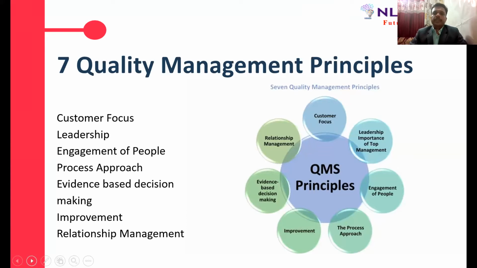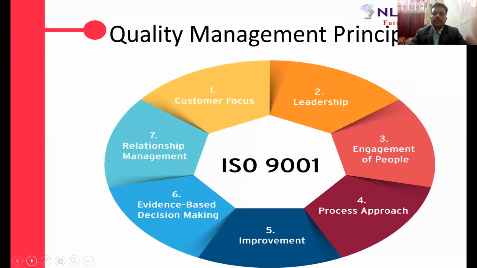The next principle is the process approach, and decisions have to be based on evidence. Evidence-based decision making is an important aspect of quality management.